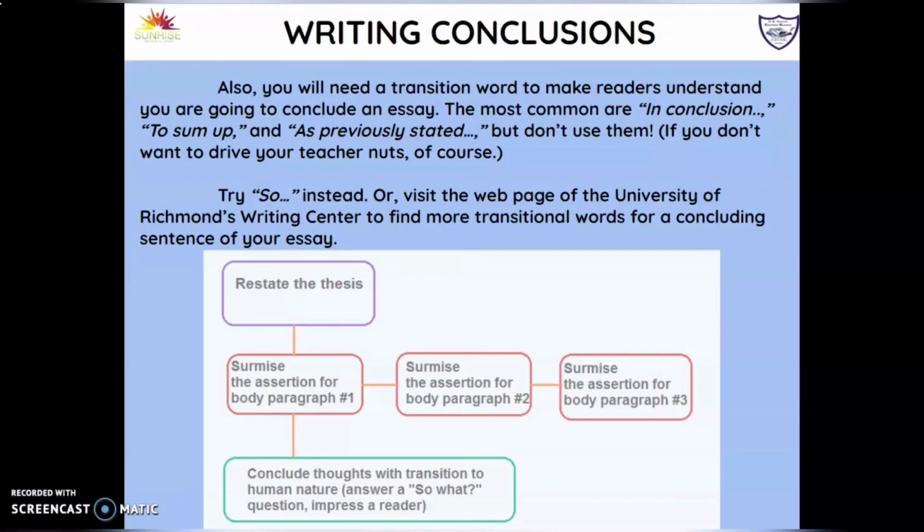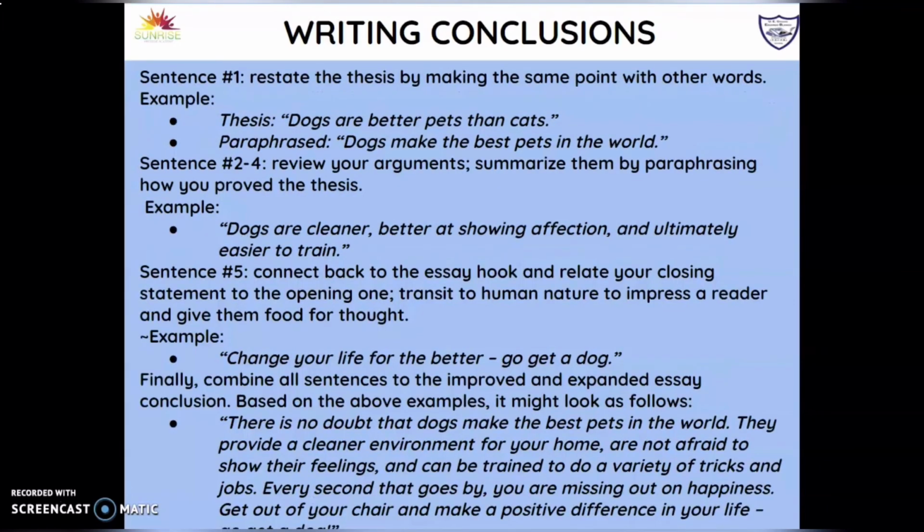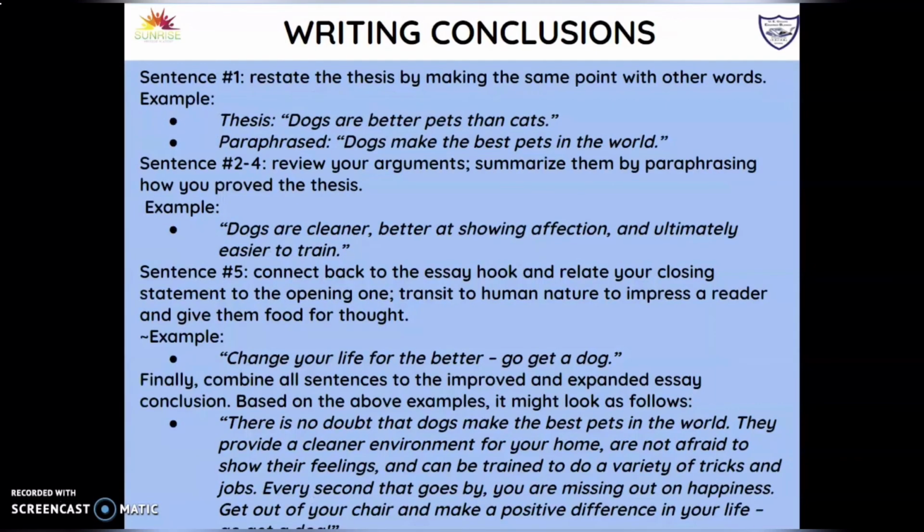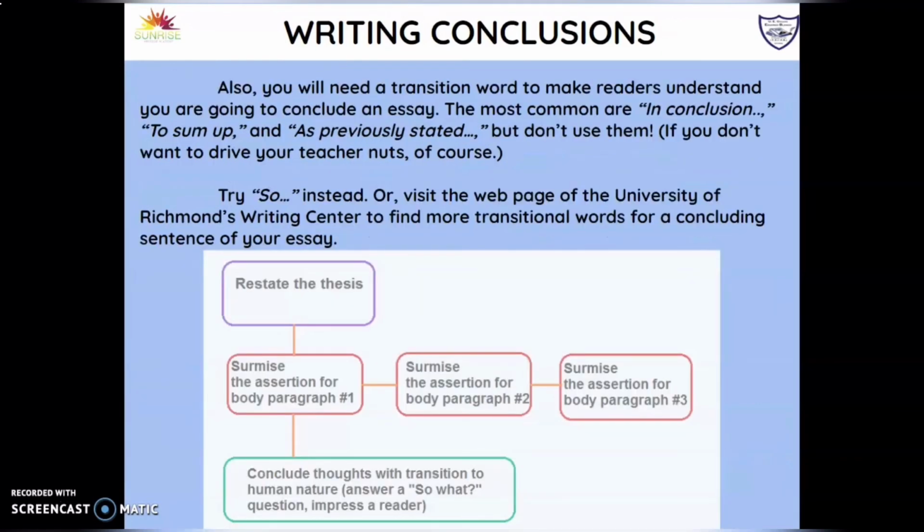So try to use synonyms for these phrases and try not to be so clear-cut on the conclusion. If you see the example here, none of those words are used. So try to follow this example more and try to avoid these sentences that you have here as an example, okay?